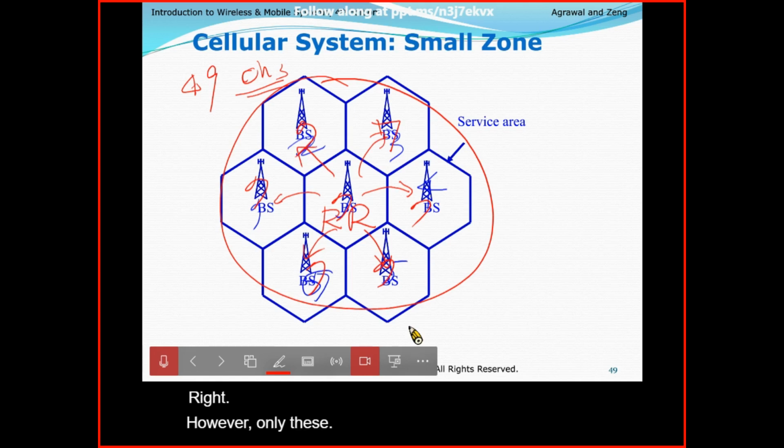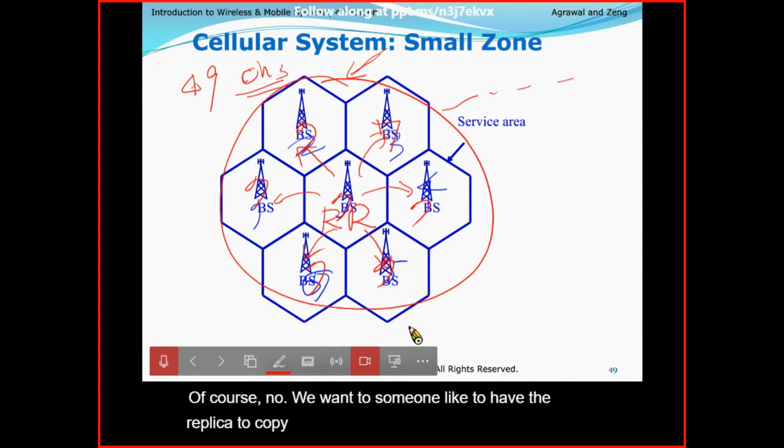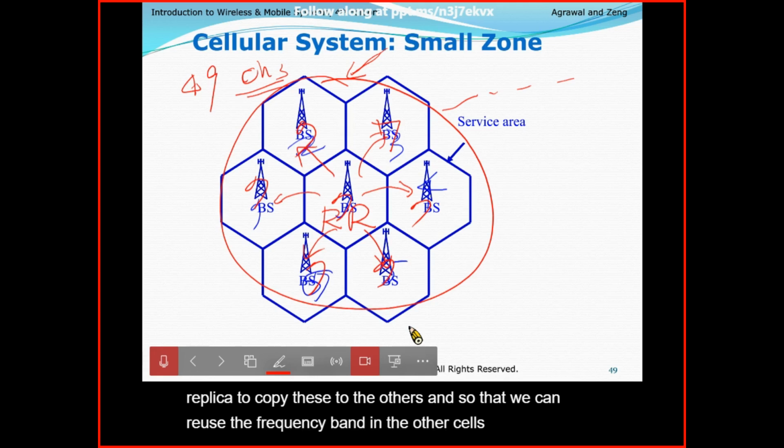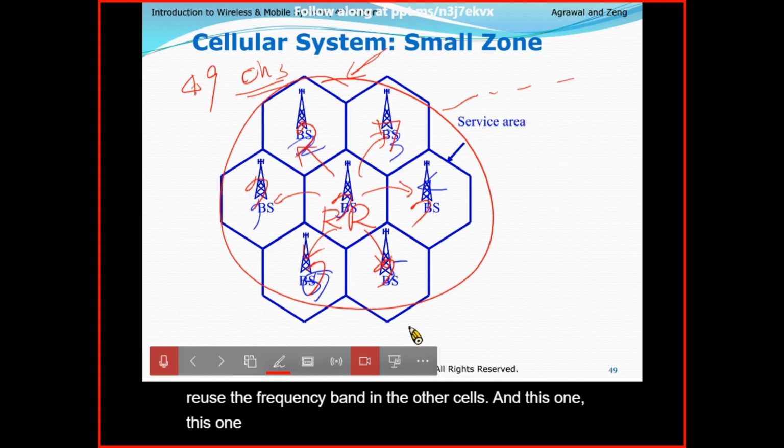However, of course, someone likes to have a replica to copy these to the others, so that we can reuse the frequency band in the other cells. And this one we call frequency reuse.